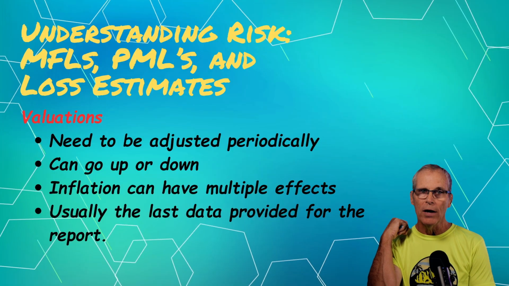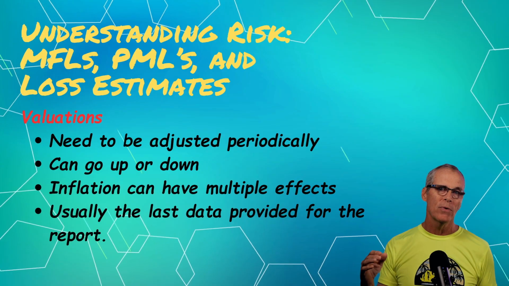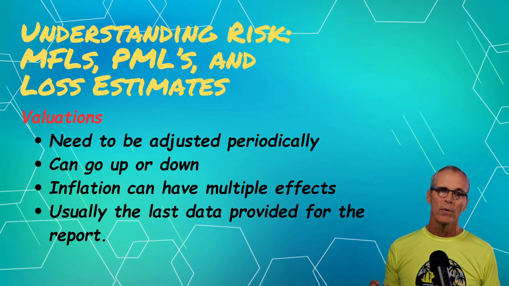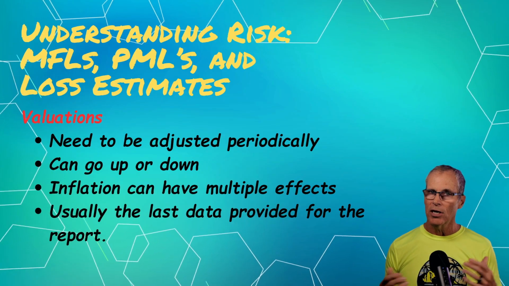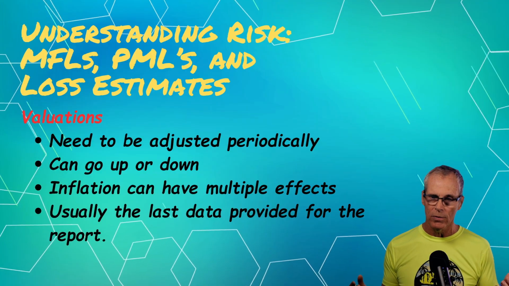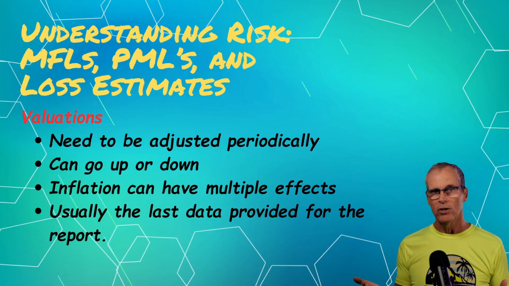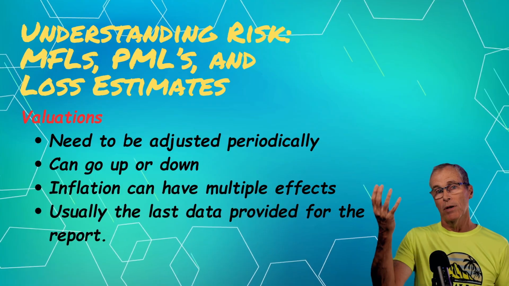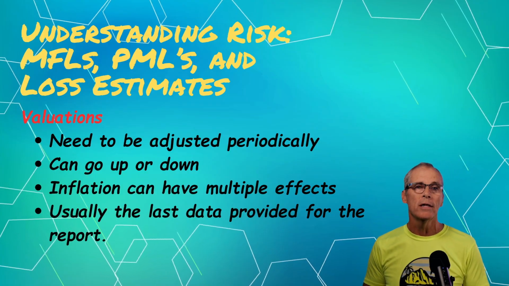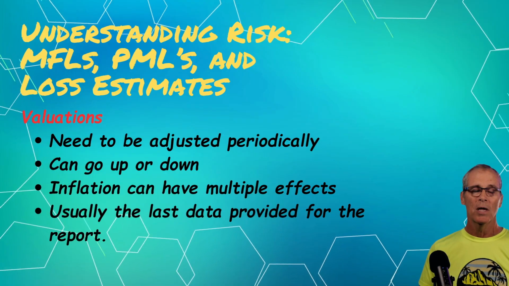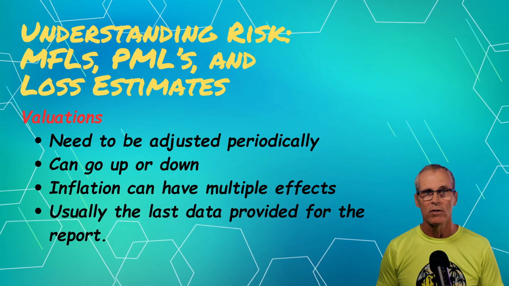Now, we want to do valuations, and remember that they need to be adjusted. They can go up or down; inflation can have multiple effects. Sometimes inflation can make it appear that something is worth more, and sometimes inflation can make something worth less. Let me give you an example.